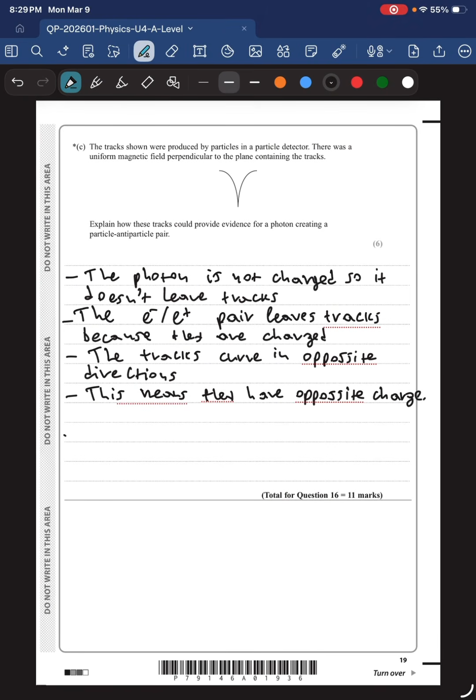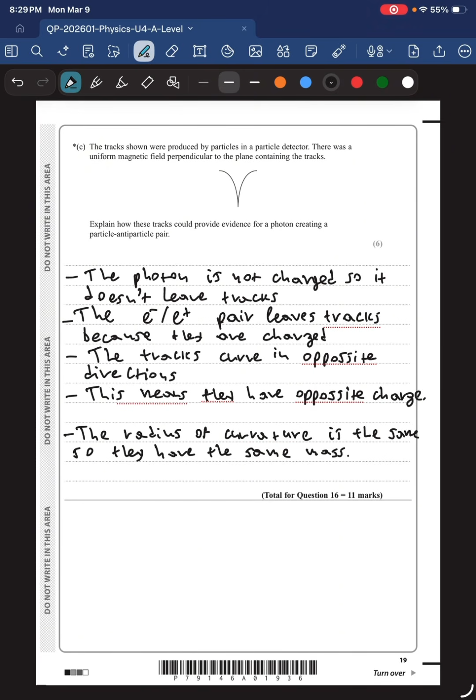Okay, the radius of curvature is the same. So they have the same mass. And then since m v squared over r is equal to q v B, we have already used this, so I'm not going to prove it.